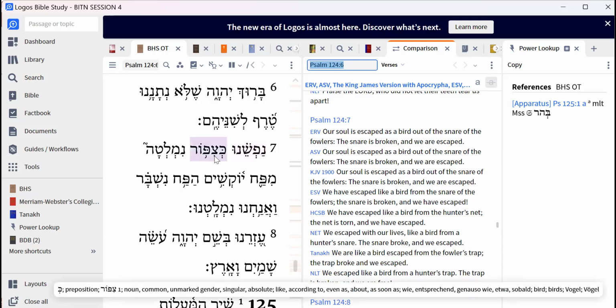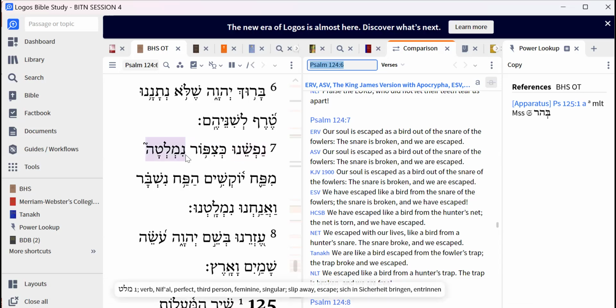So like a bird, our soul has escaped, or we have escaped, from the snare of the fowler. The snare is broken. Hallelujah. The snare is broken. This is emphatic. When we go further, you will see how this is in the perfect tense.